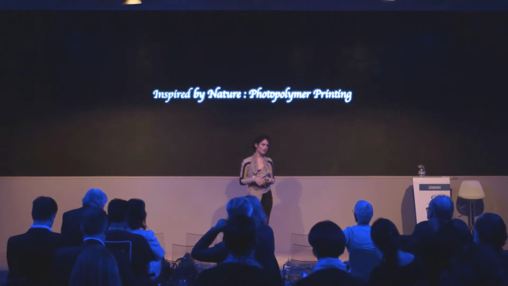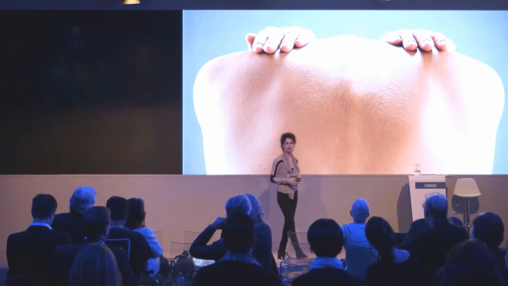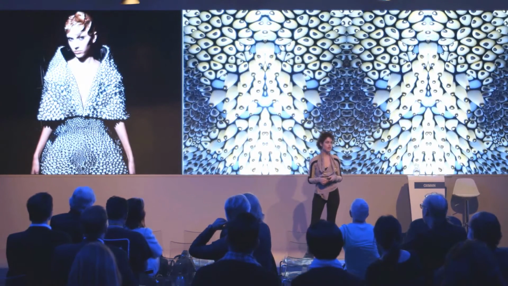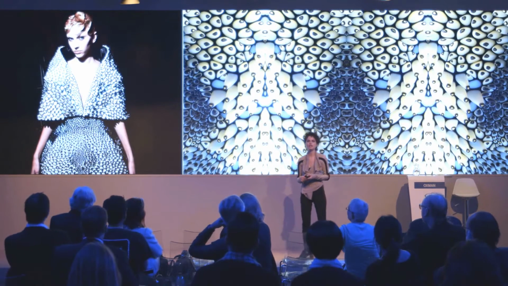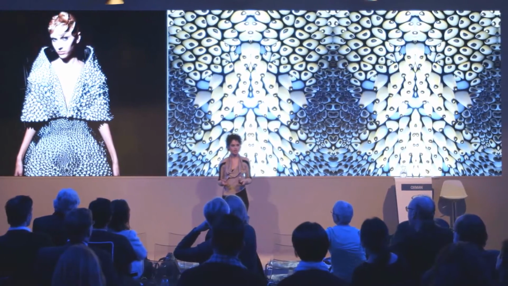So let's start with the very first set of projects inspired by the natural world. This was a dress that we designed for Paris Fashion Week in 2012, 2013, and the dress was inspired by the human skin.